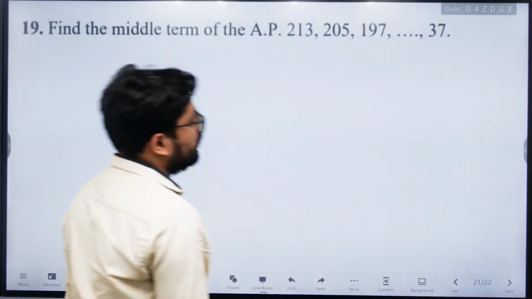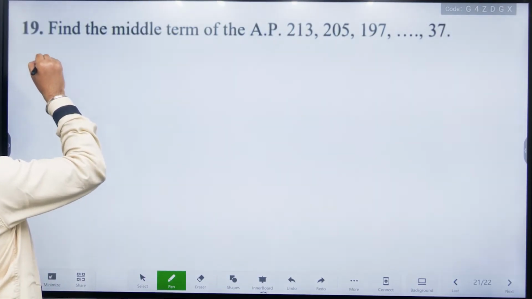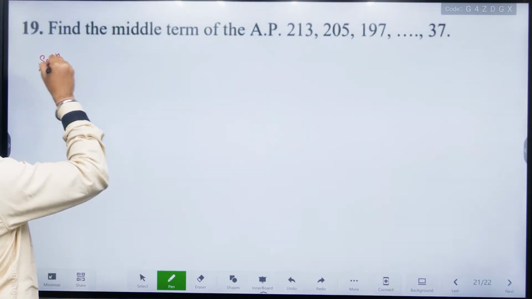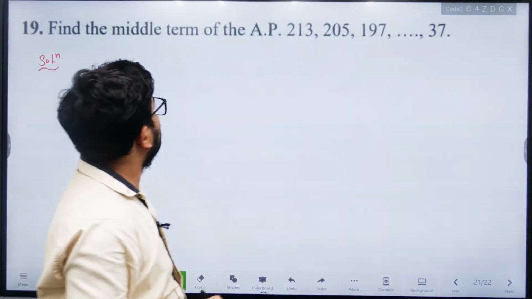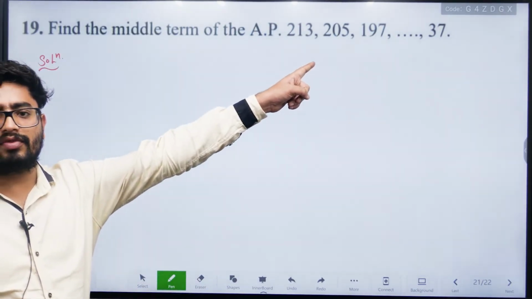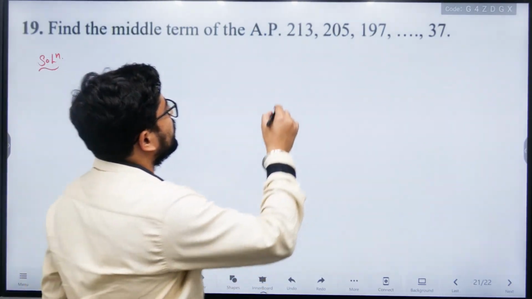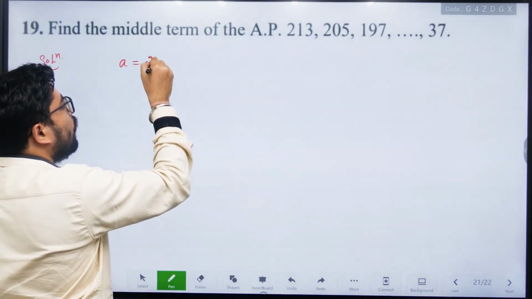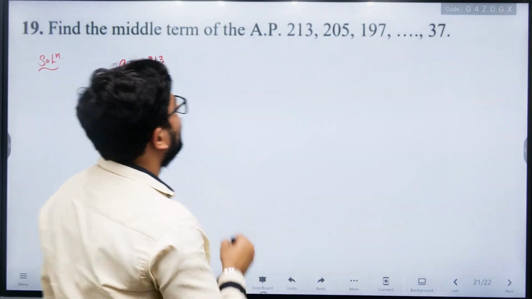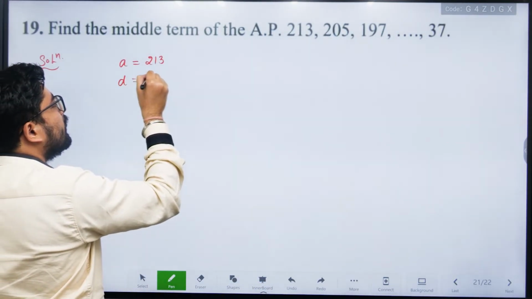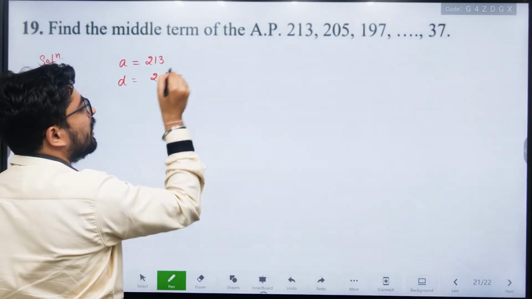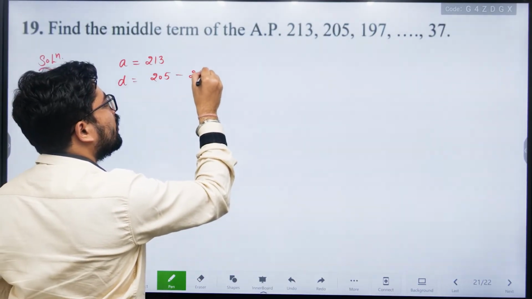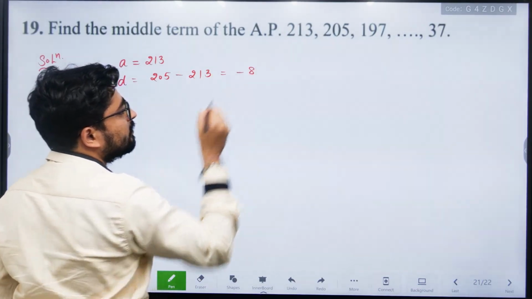Now let's do the next one. The solution is here. Find the middle term of the given AP. If you observe the given AP, a is equal to 213. d is 205 minus 213, that's minus 8.